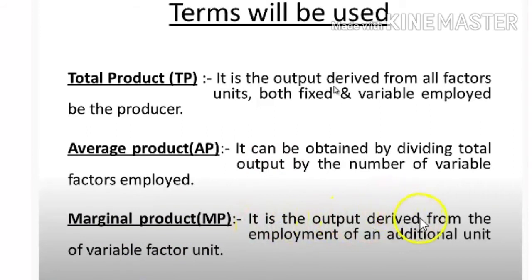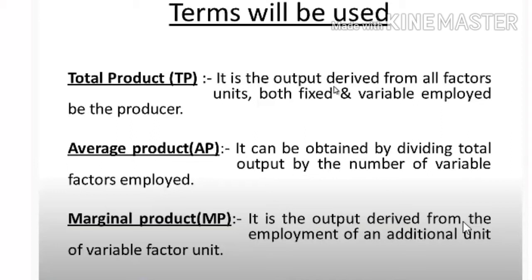Next is marginal product. It is the output derived from the employment of an additional unit of variable factor. What output did we generate by employing a new laborer? If we introduce new labor in production, how much has he contributed to the output? That is the present total production minus the previous production, divided by the change in labor, the additional labor employed.